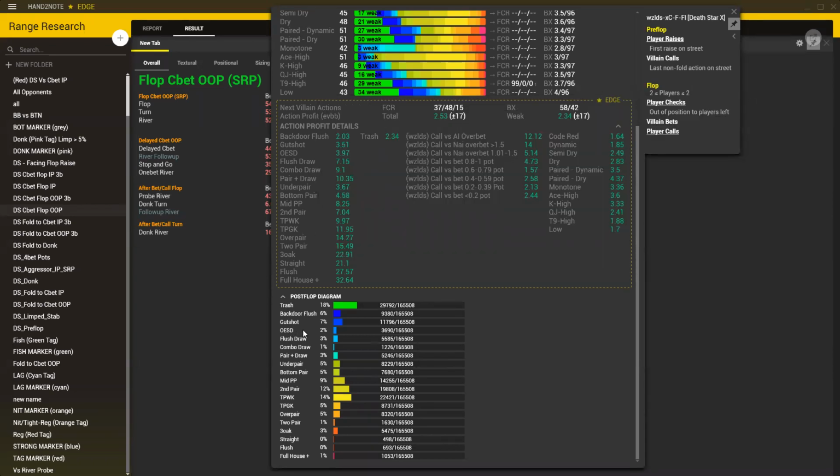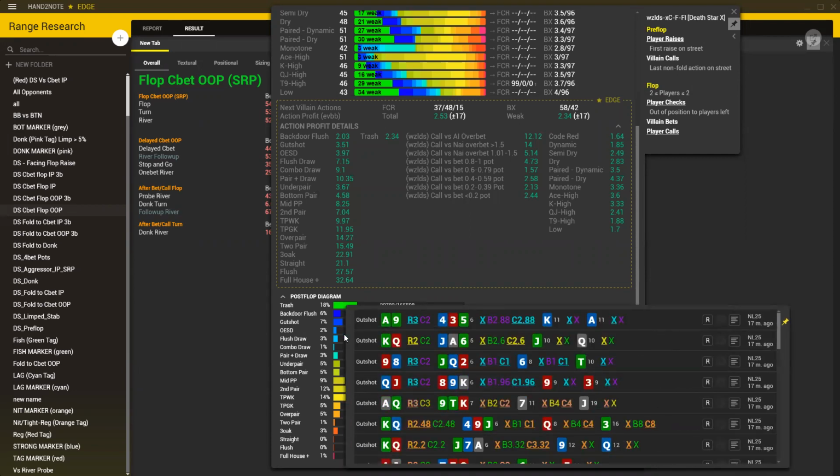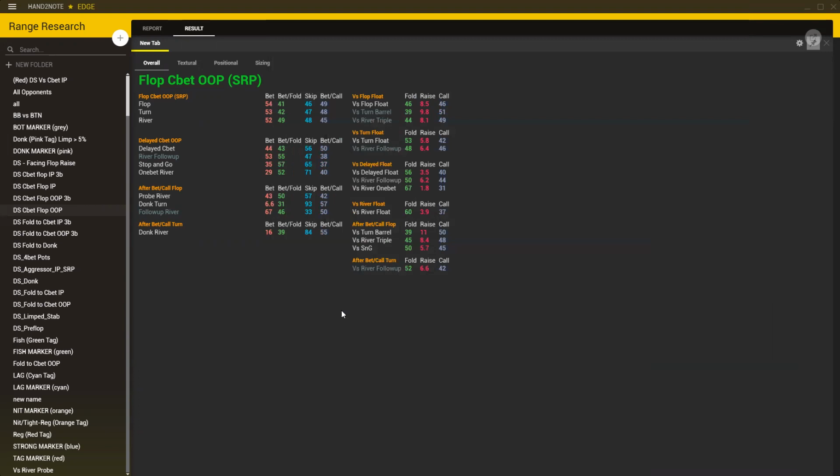Although, as you can see, there are some direct draws in the check calling range. So, it's not impossible on a draw completing river that villain doesn't have the draw. Like he could have the draw as well. It's possible. But as an overall metric, we're really thinking about that mid pair type bluff catching region.